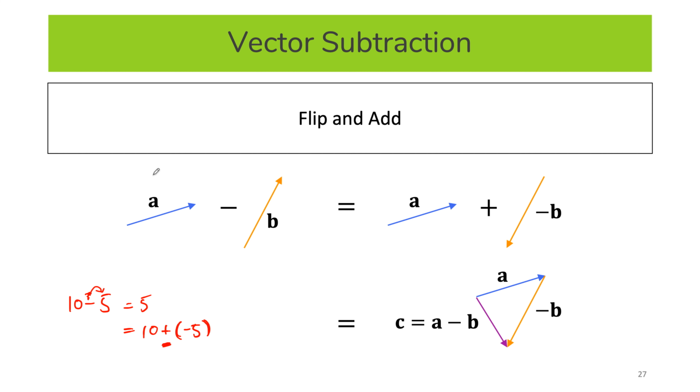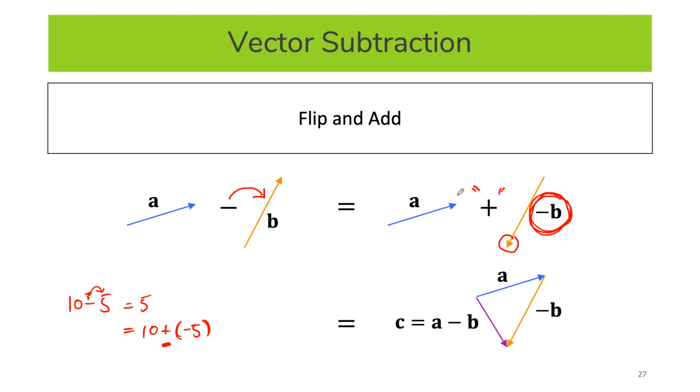So let's say that I have a vector A over here and a vector B over there, and I'm subtracting vector B from vector A. So I will need to absorb the minus sign to the vector B. And when I do that, what happens to the vector B is that it becomes minus B, with the arrow pointing to the opposite direction of the vector B. And once I absorb the negative sign to this whole thing, I have to use the plus sign now.